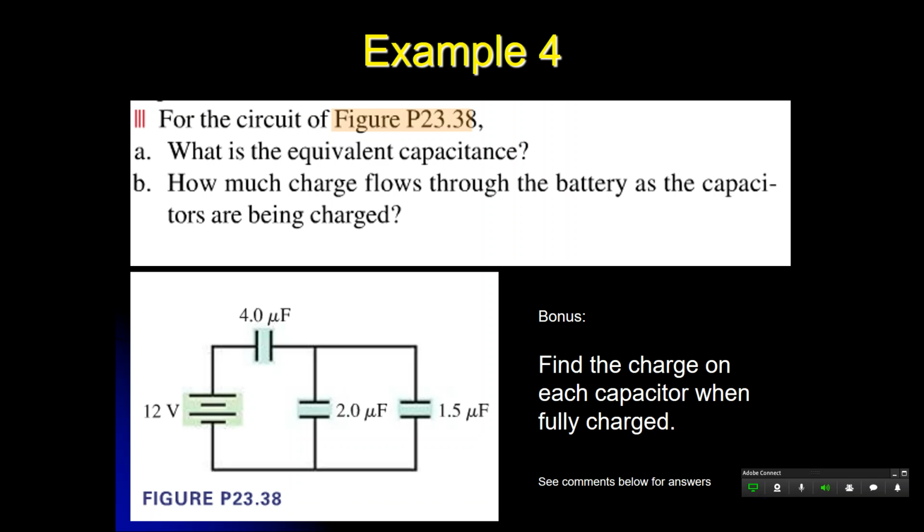Tu vas entrer par là, mais c'est 2. 2 fois 12, c'est égal à combien? On a trouvé la charge de ça, genre c'est Q égale C fois V. Et genre on fait ça.